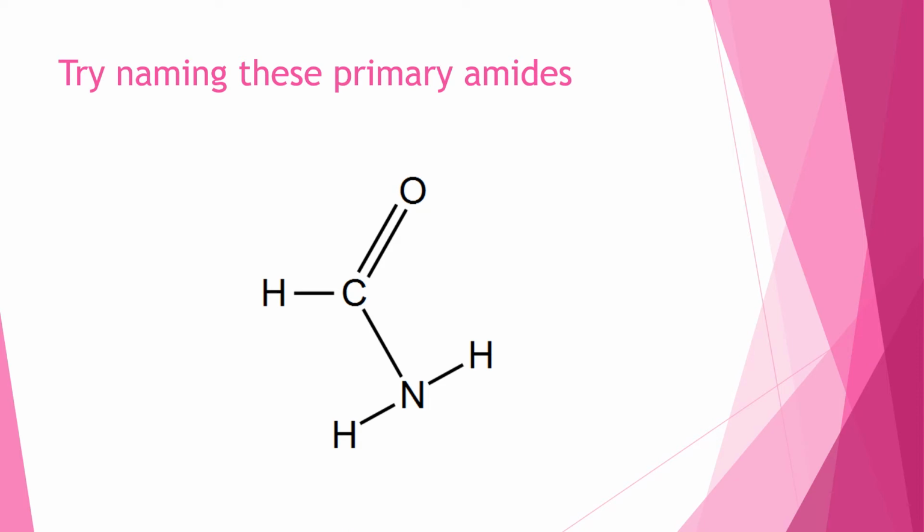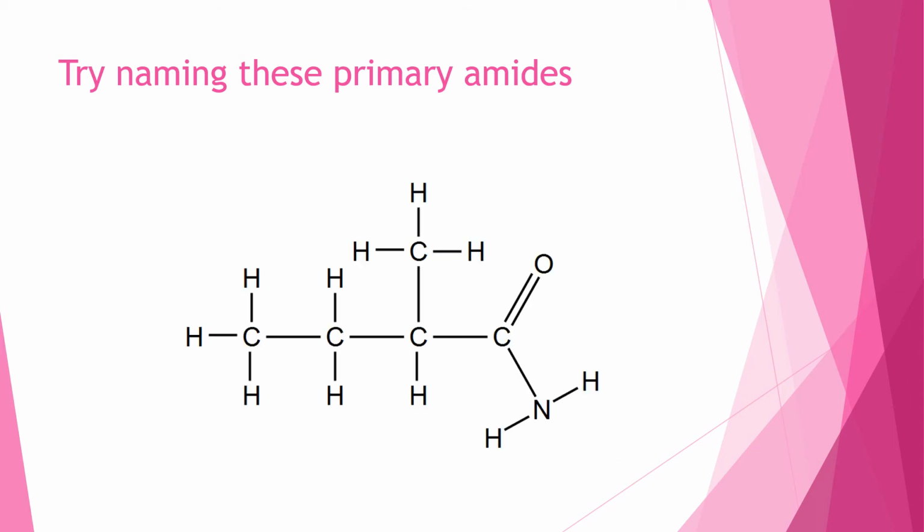Try naming these primary amides. You're going to need to stop the video and then restart it. So this one has got 1 carbon group, so it's a methanamide. Stop the video and have a go at naming.